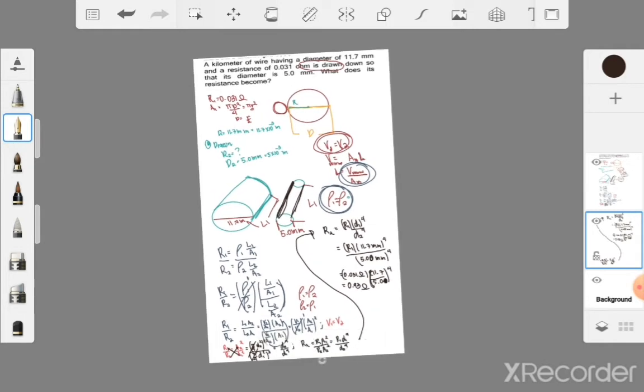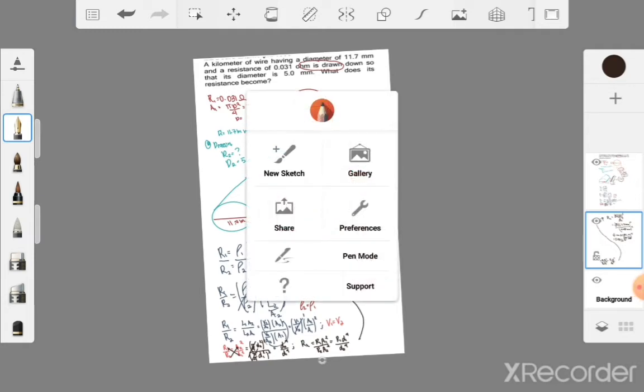So any question, guys? You may raise your questions in the comments. Okay, ladies and gentlemen, for our next example, this would be my last example for this topic. Okay, we have a sketch.